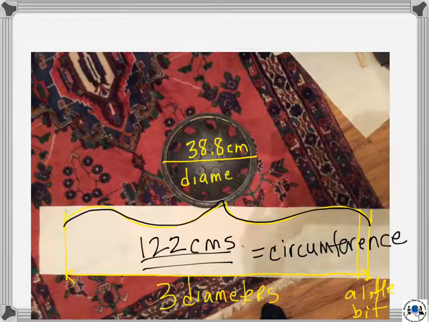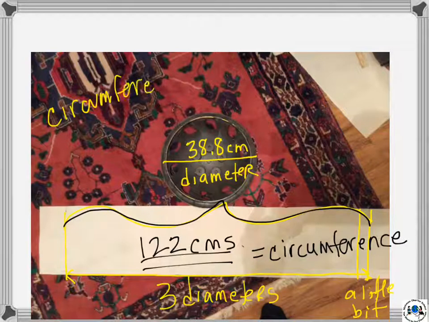And this is my diameter. Now you probably know or have a good idea of what my ratio is going to be, but the ratio I am going to try to find is I want to divide my circumference by my diameter.